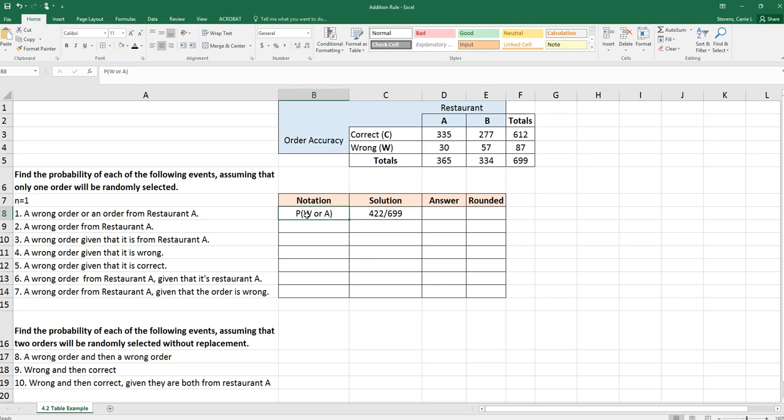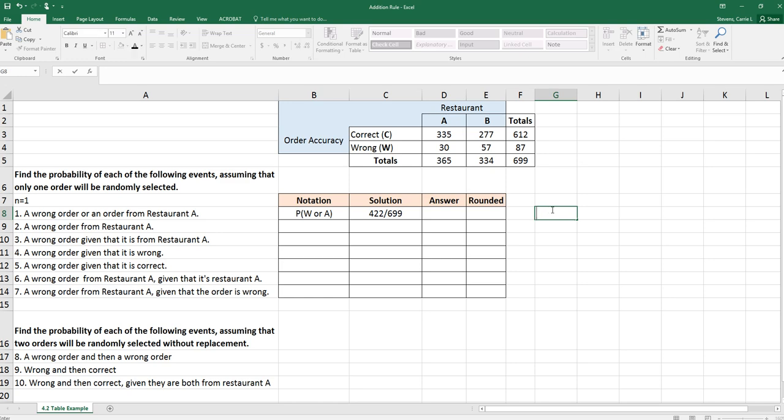So how did I get that? It says W or A. Using the addition rule, that means I'm going to add up the probability of W plus the probability of A, and then subtract the probability of any overlapping events. To get the 422, I'll show it over here.